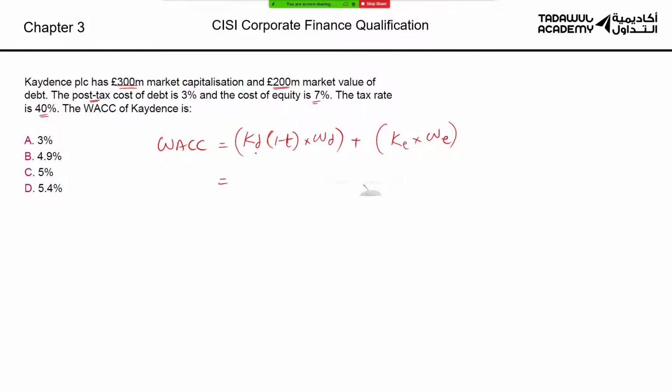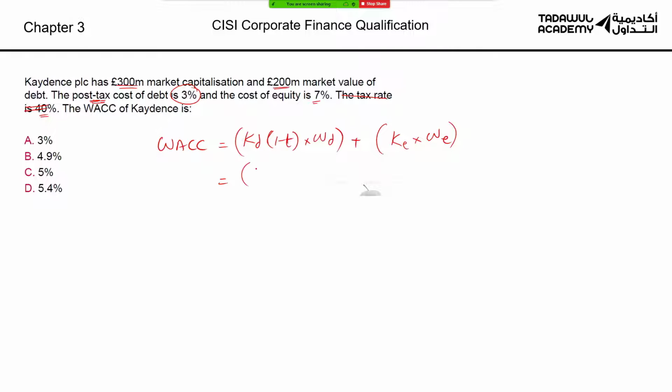What is the cost of debt? Here it tells you that the post-tax cost of debt is 3%. So they've already included the effect of tax. This line here, the tax rate is 40%, is useless. You don't need to consider the 40% anymore, because this 3% already has absorbed the effect of tax.